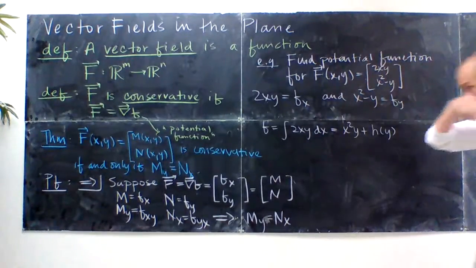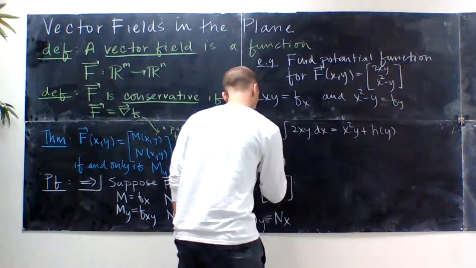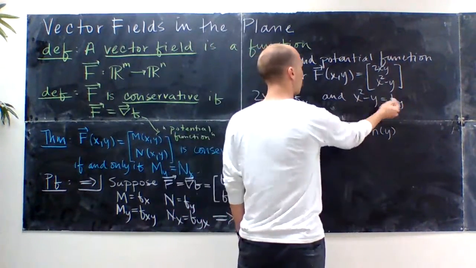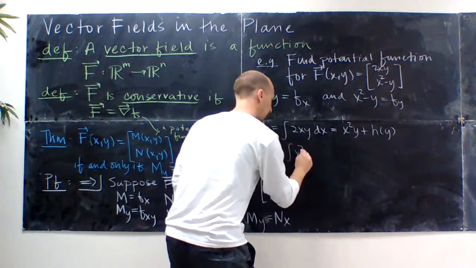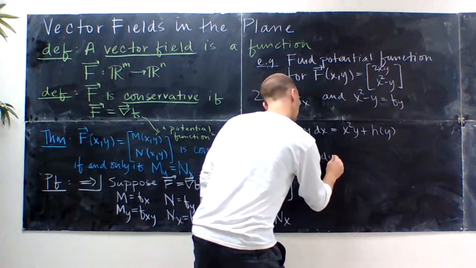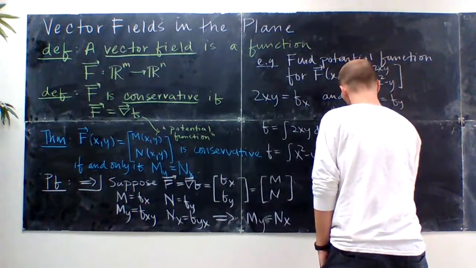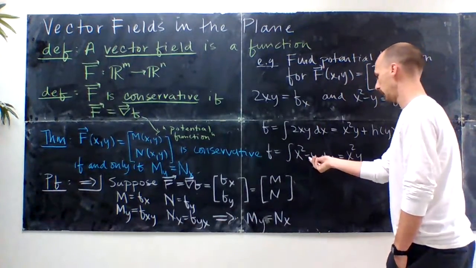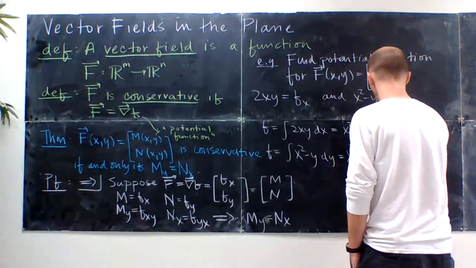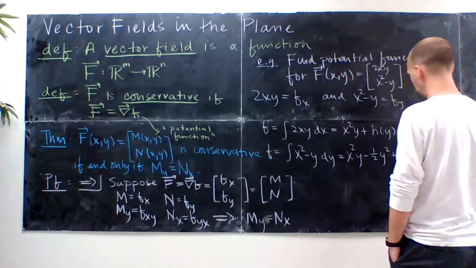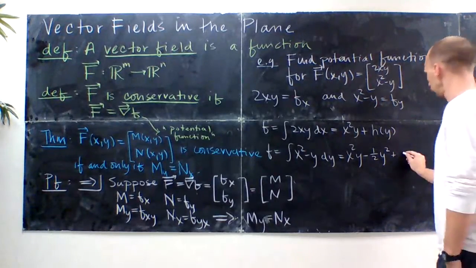But on the other hand, I also have that f is equal to the antiderivative of x squared minus y with respect to y. So what I'll get is x squared y minus 1/2 y squared plus some function of x.